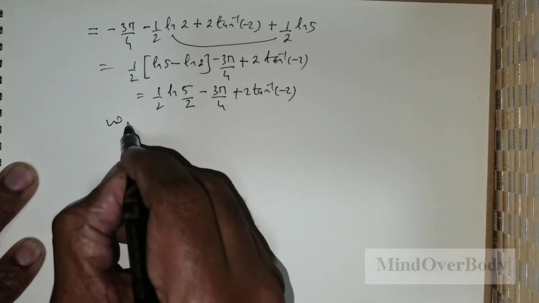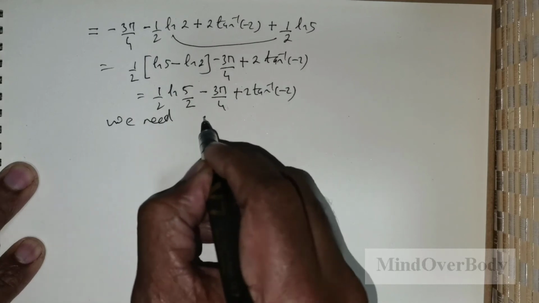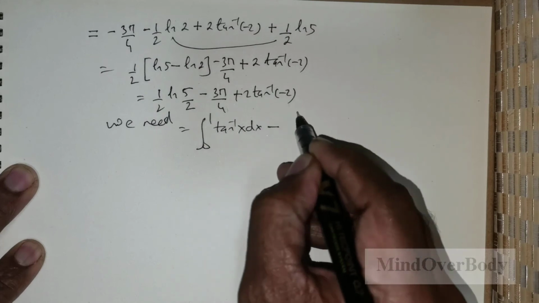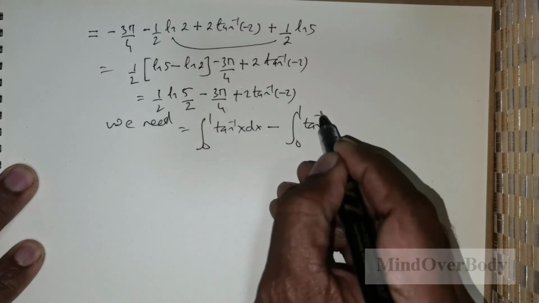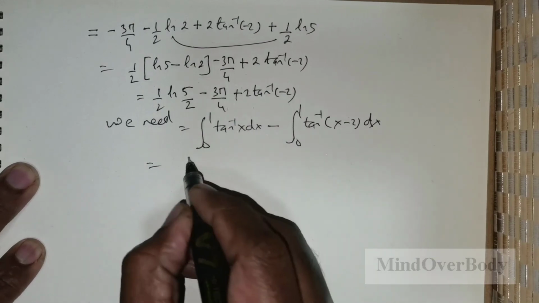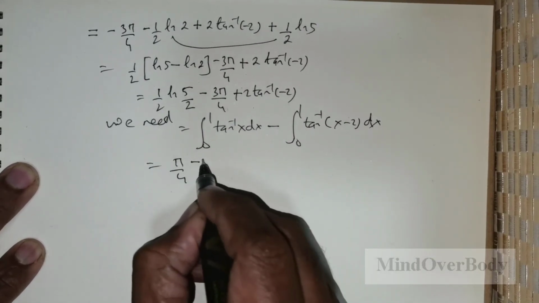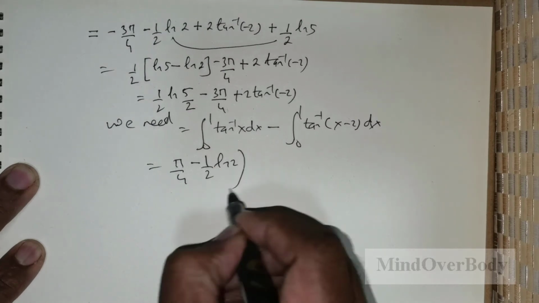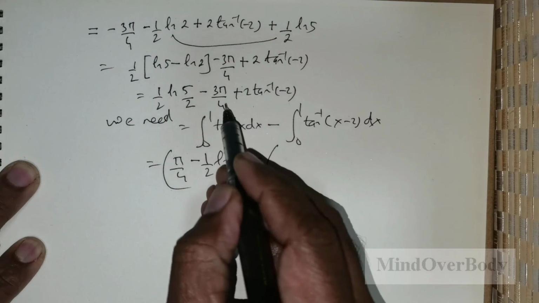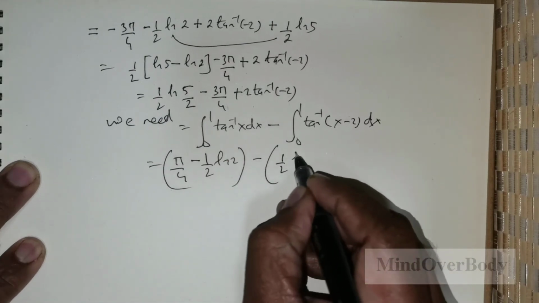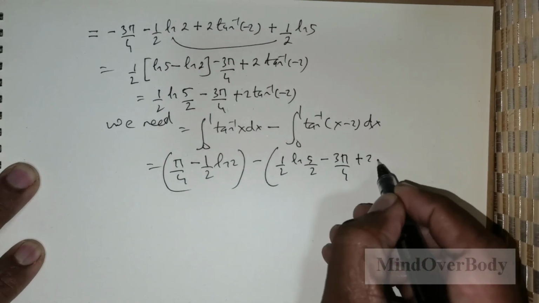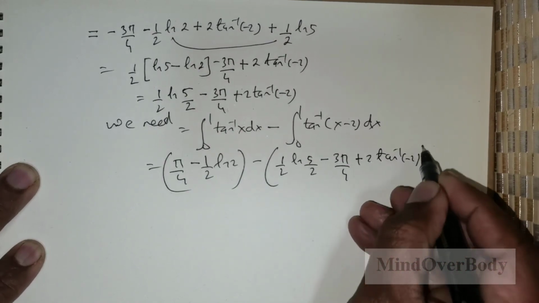Now we need the integral from 0 to 1 of tan inverse of x dx minus the integral from 0 to 1 of tan inverse of x minus 2 dx. But the integral of tan inverse of x dx has been found to be pi over 4 minus 1 over 2 times ln 2, followed by the negative of the integral of tan inverse of x minus 2 dx, which has been found to be 1 over 2 times ln 5 over 2 minus 3 pi over 4 plus 2 times tan inverse of negative 2.